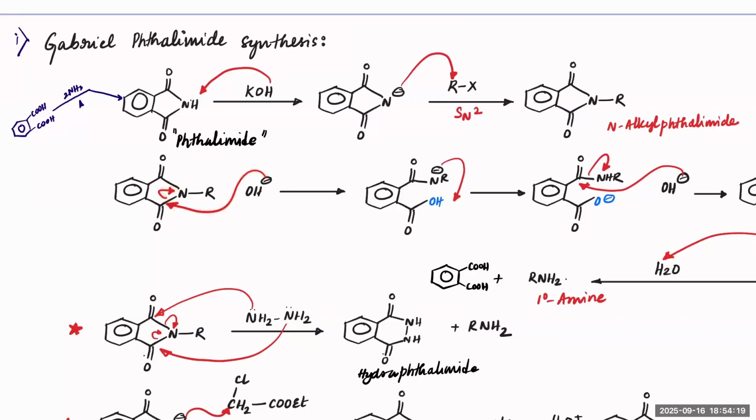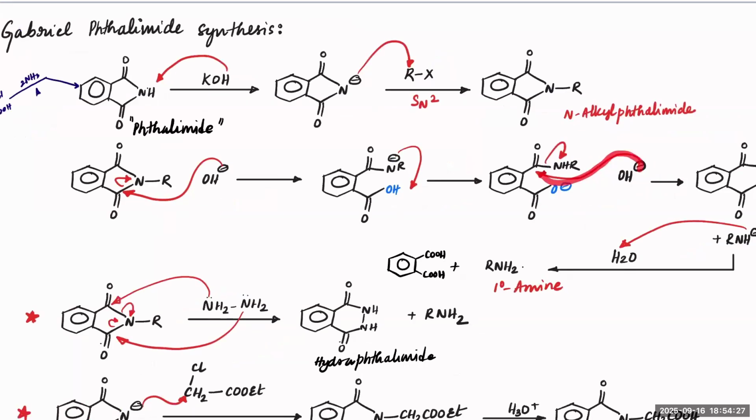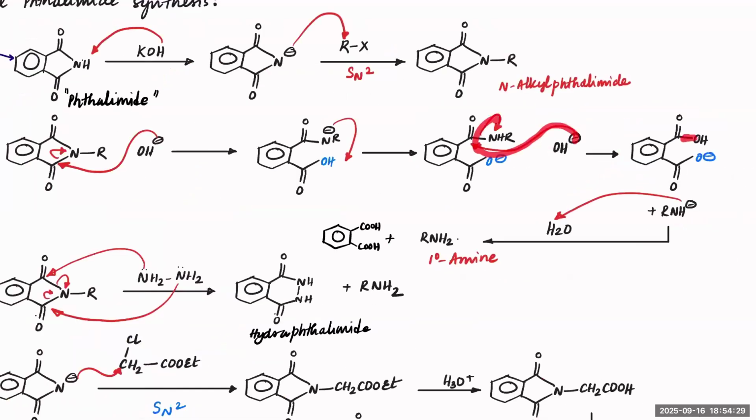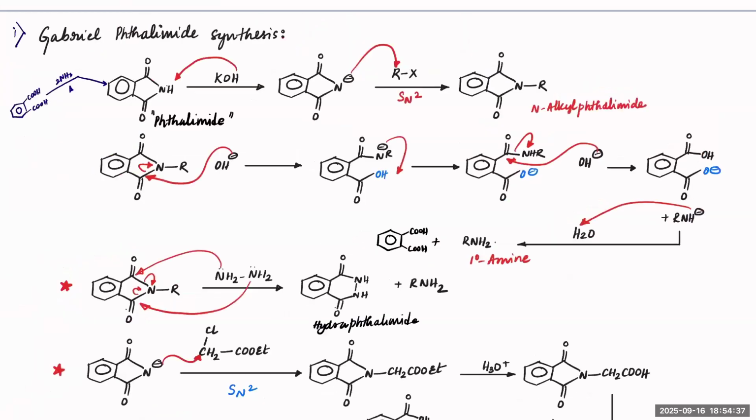Again, this N minus can take H plus, and you get NHR. OH minus can again attack here and break this bond. That will give you RNH minus, and finally that will give you the primary amine. Clear?